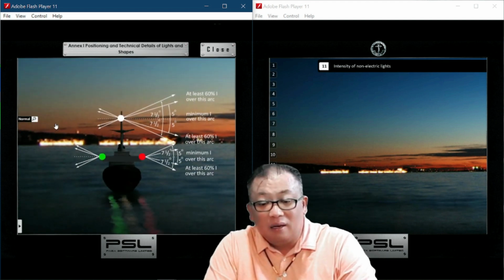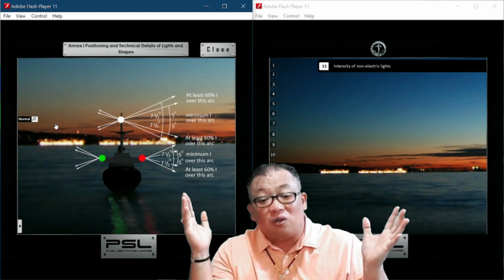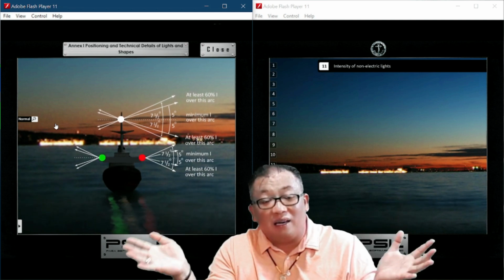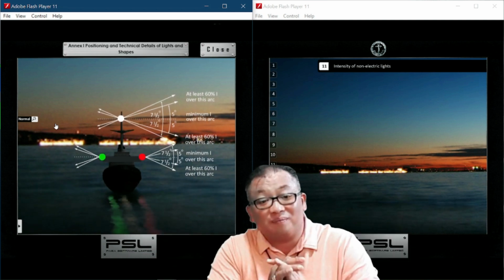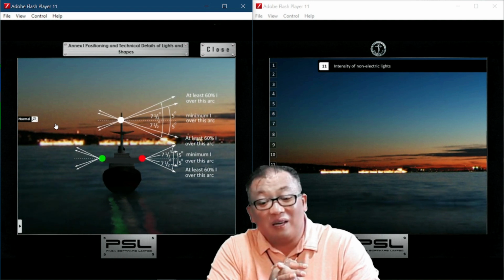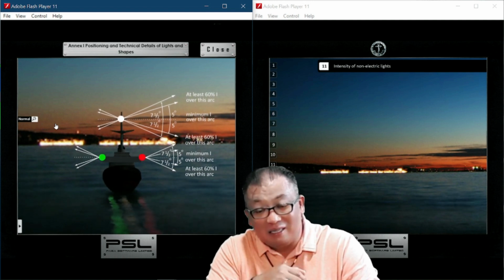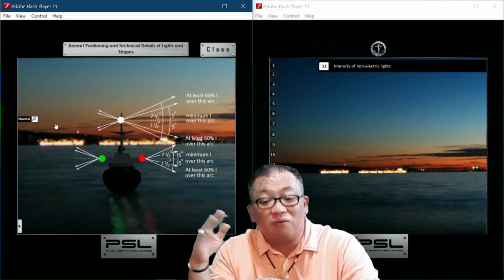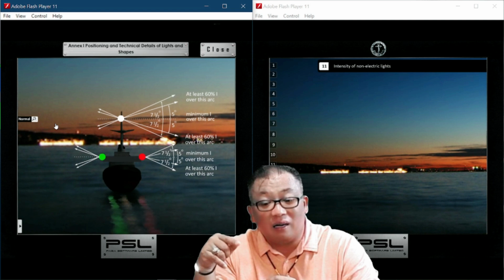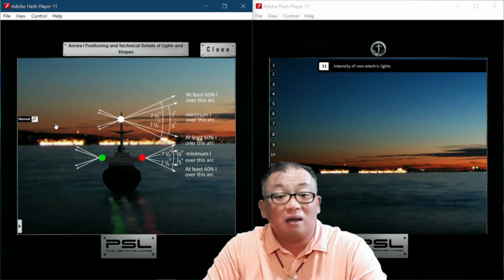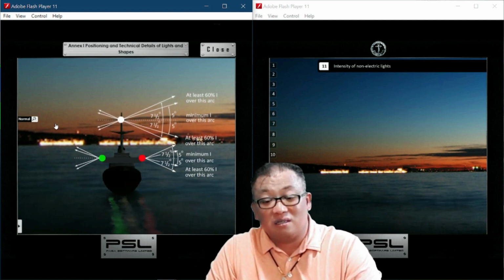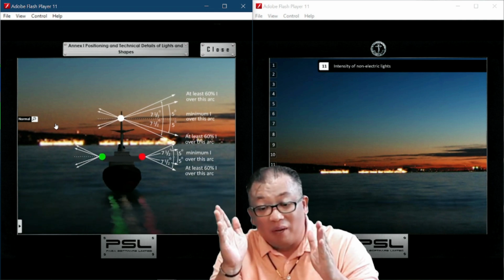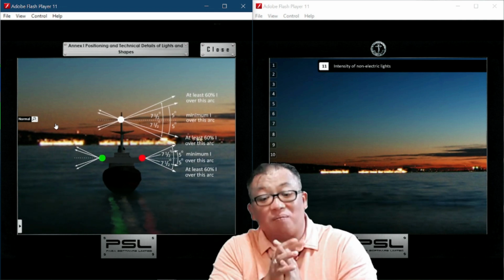Here, for any lights, we're talking about side light, masthead light, all-around light. I'd like to rediscuss this again because it's not easy. At least 60% over the arc, there is a 7.5 degrees requirement for the 60%.